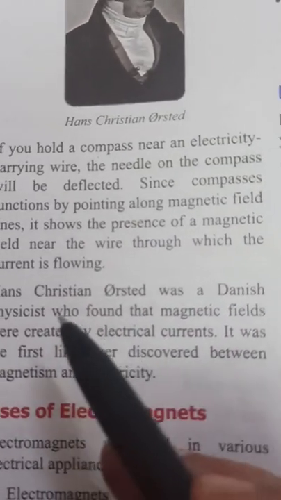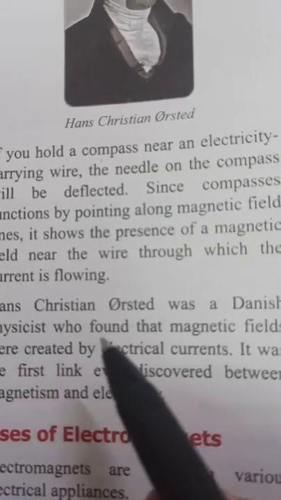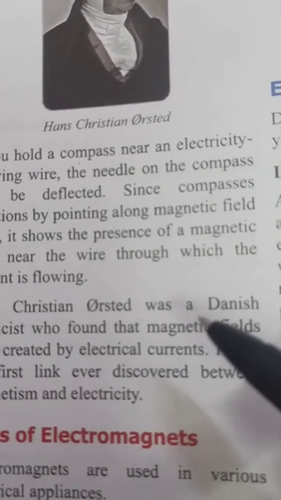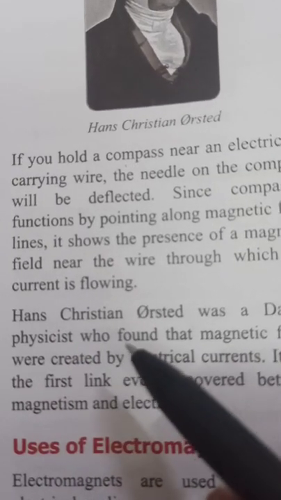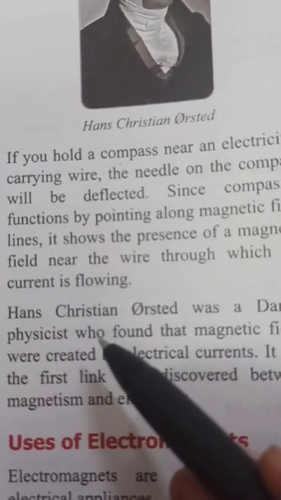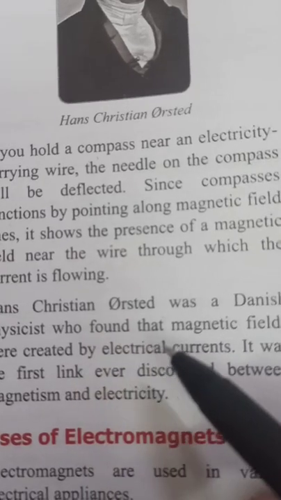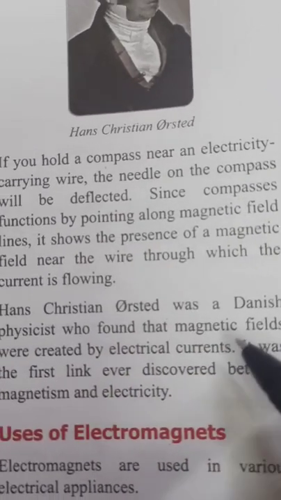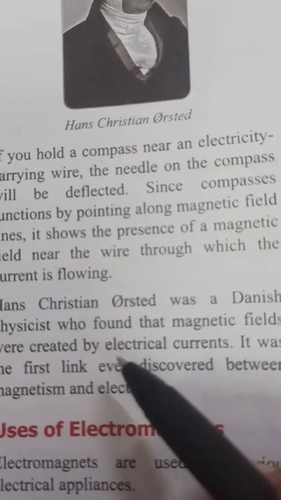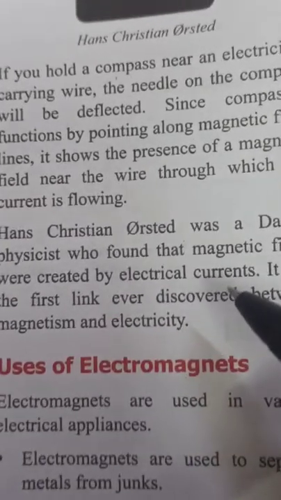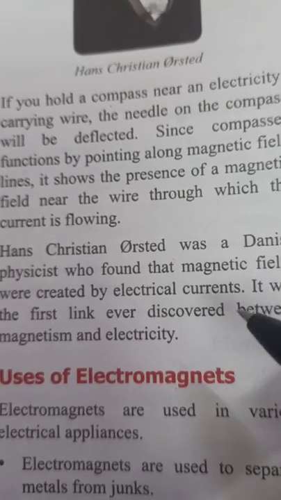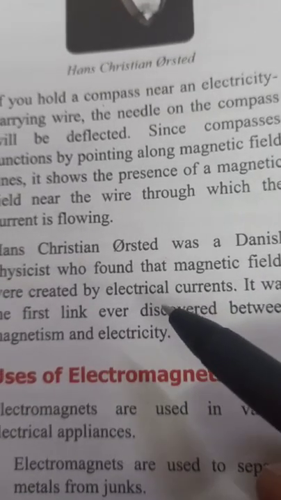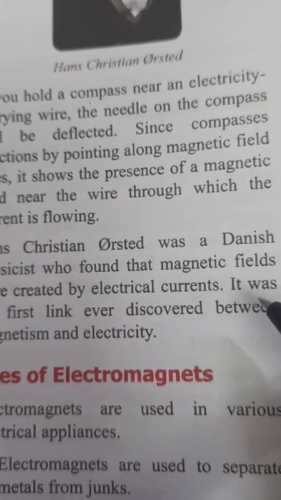Hans Christian Ørsted was a Danish physicist who found that magnetic fields were created by electric currents. So he discovered that magnetic fields are created by electrical currents.